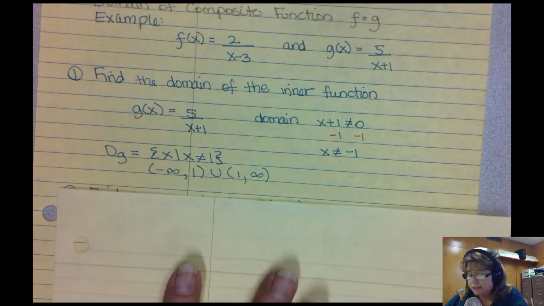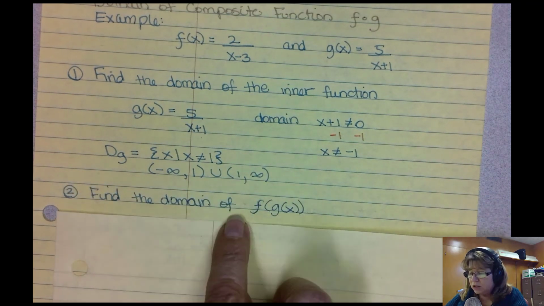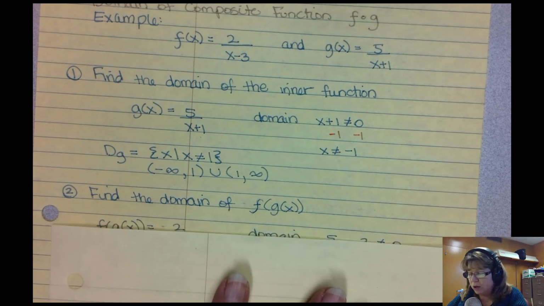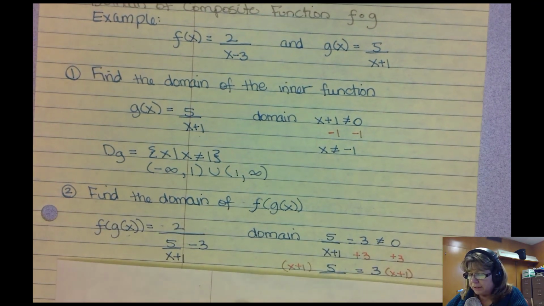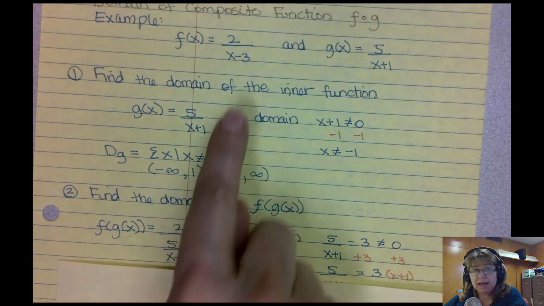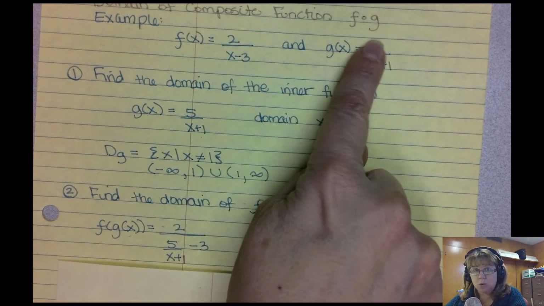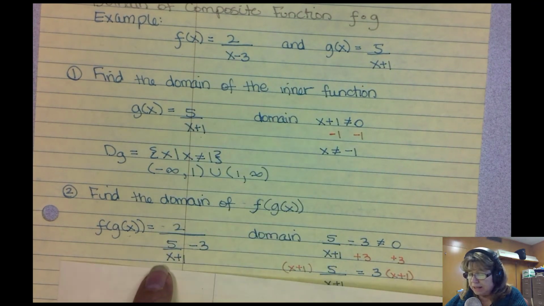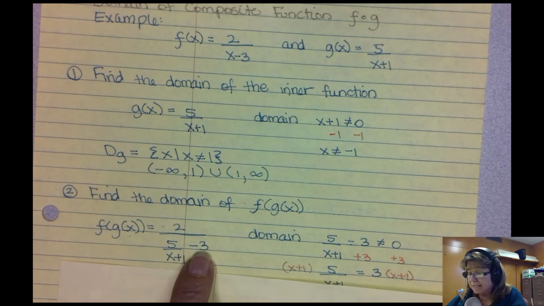The second step is to actually find the domain of g inside f, our actual composite. So placing our g of x wherever we saw an x here, I have to place this whole entire thing right here in the x. And I get 5 over x plus 1, minus 3.